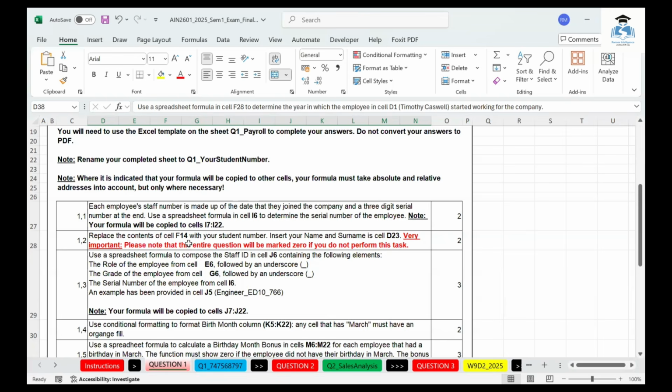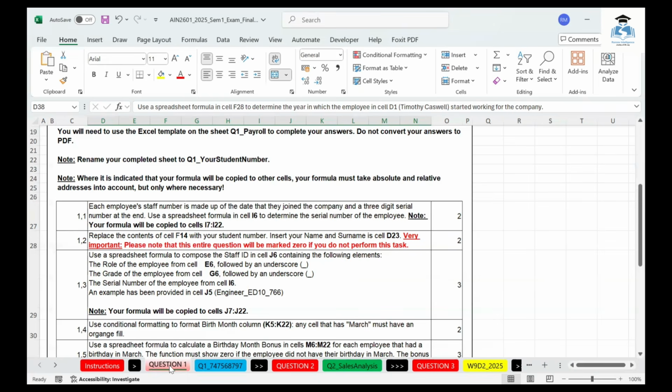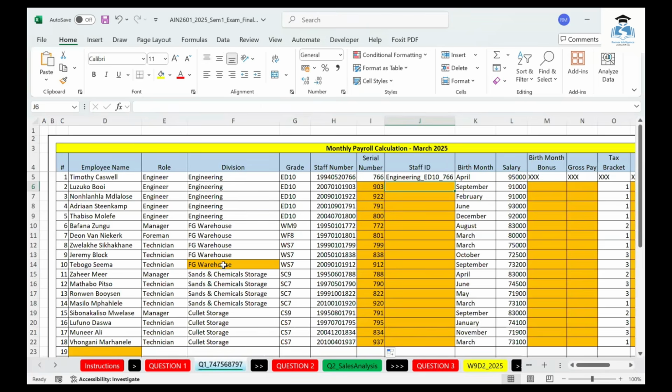So the first thing is we replace the contents of F14 with your student number. F14 is this one. So you put your student number.